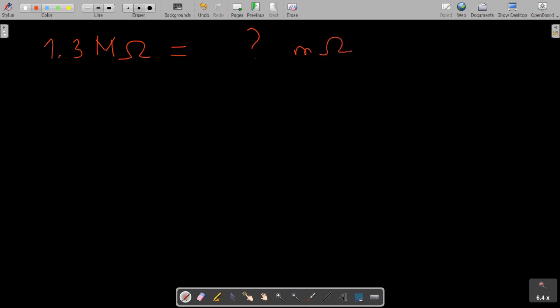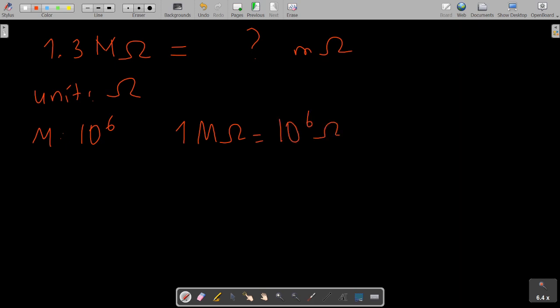Okay, so we need to remember, that's why the unit is important. So our unit is ohm. Okay, mega, remember, stands for 1 million, right? Which means that 1 mega ohm is 1 million ohms. What about milli? Milli is 10 to the power minus 3. 1 milliohm is 10 to the power minus 3 ohm.